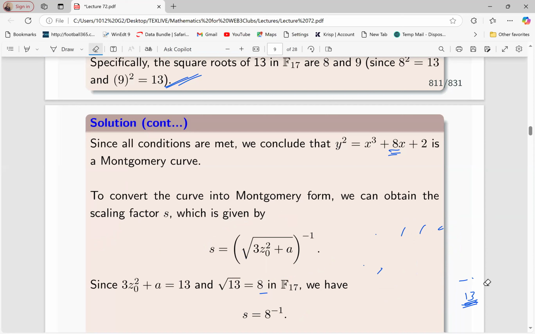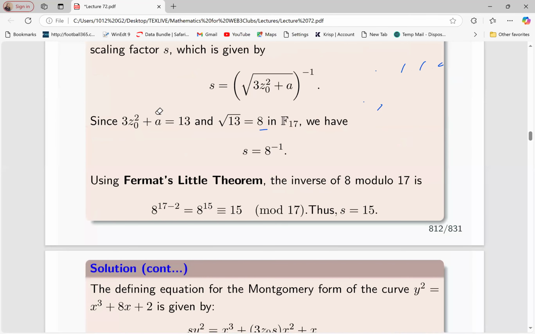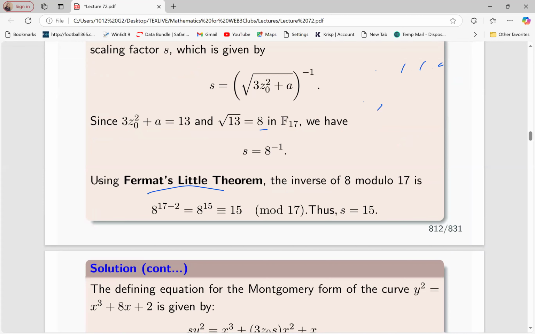You try 0, 1, 2, 3, all the way up to 16 and see which one, when you multiply by 8, gives you 1. Or you can also use Fermat's little theorem. When you do that, you find that the inverse of 8 is 15, because this sum gives you 1. So our S, therefore, is 15.